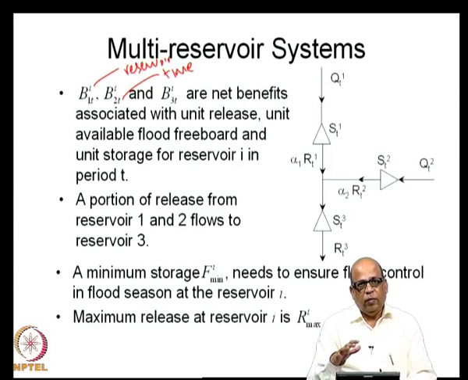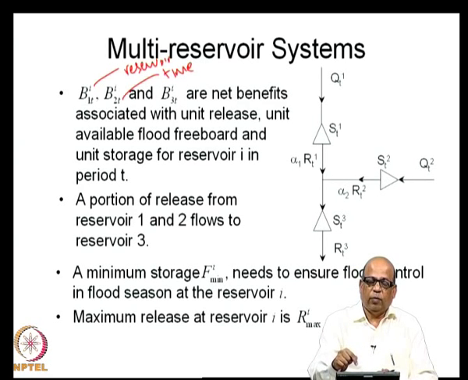With this understanding of the system, we will formulate an optimization problem which will decide the release policies or the reservoir operating policies at each of the reservoirs, reservoir 1, reservoir 2, reservoir 3, not separately, but together.